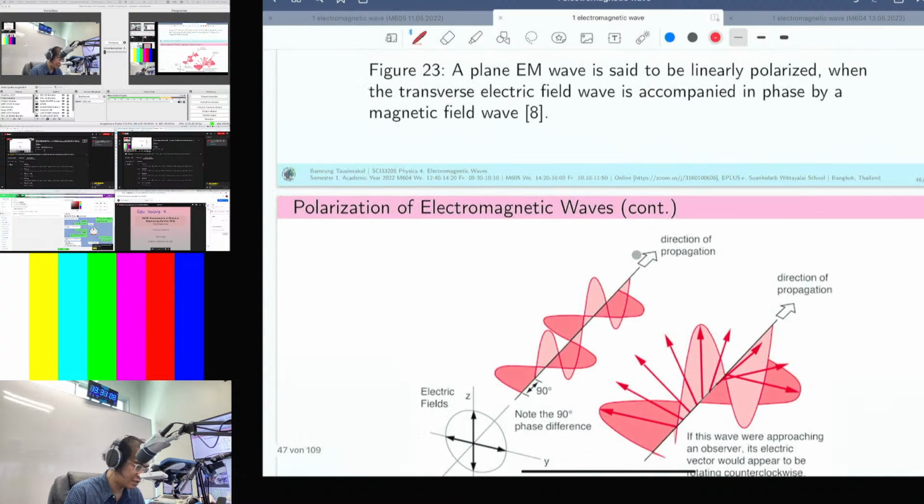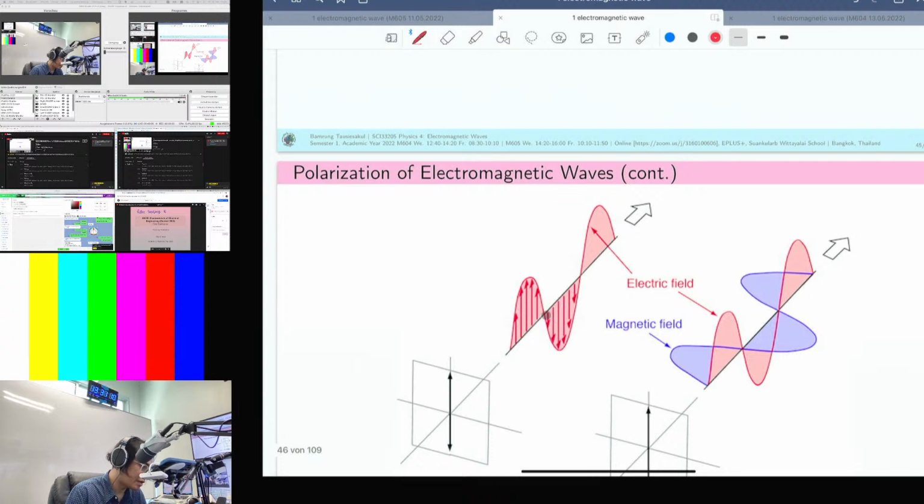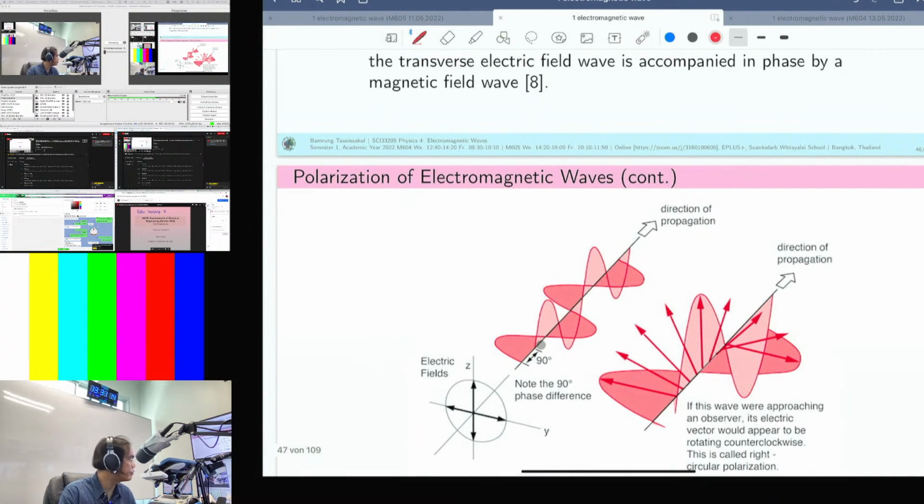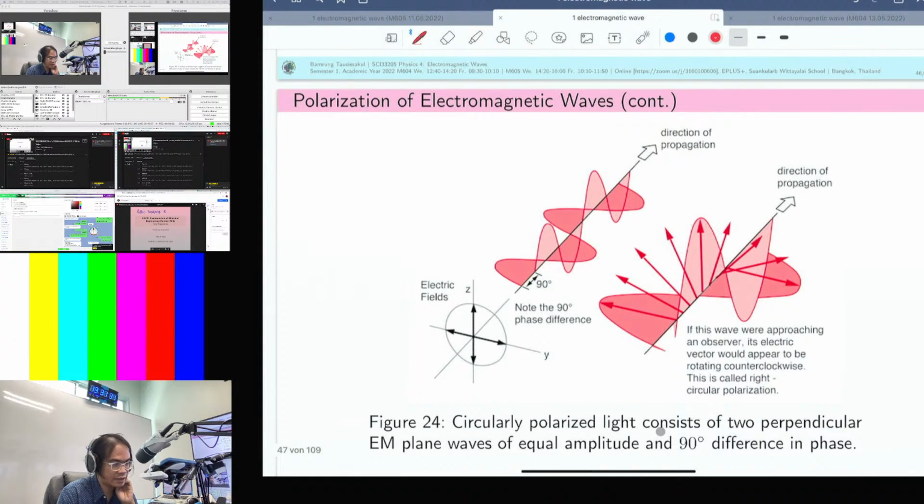Okay, it's not just fixed vertically like this. Because it is composed of two electric fields actually. So the electric field that you can observe will rotate like this, all the time, and that's the rotation.